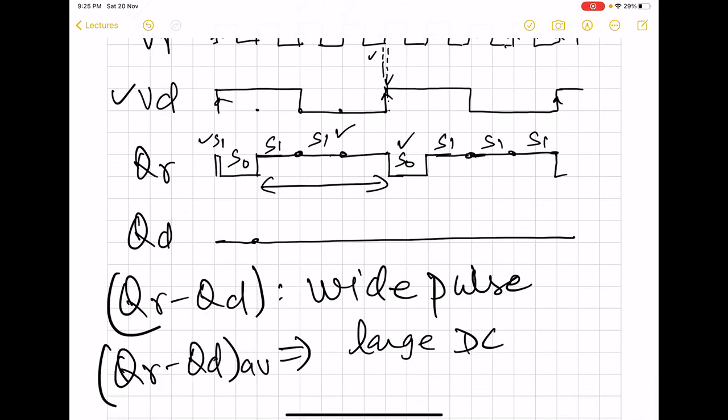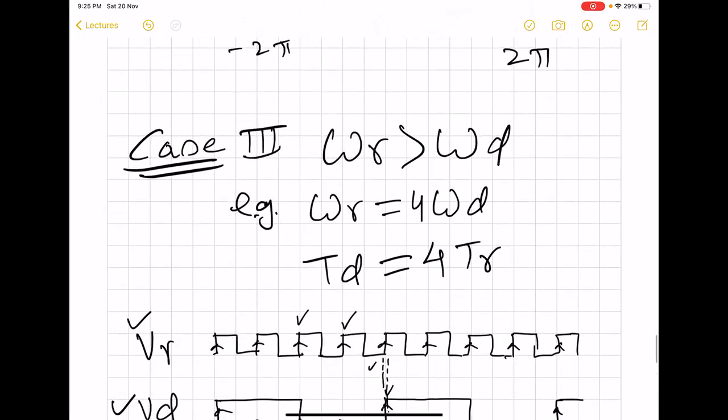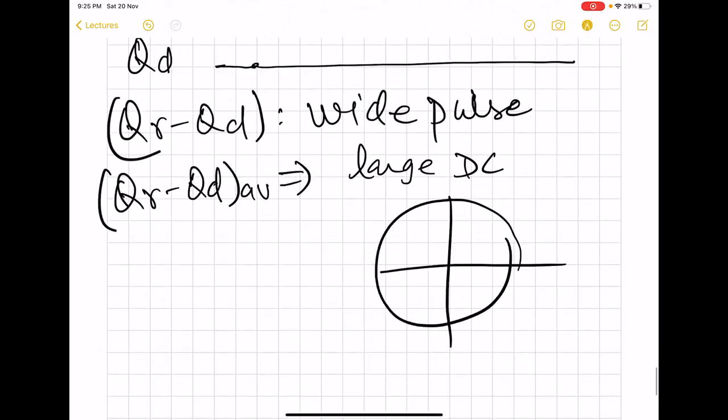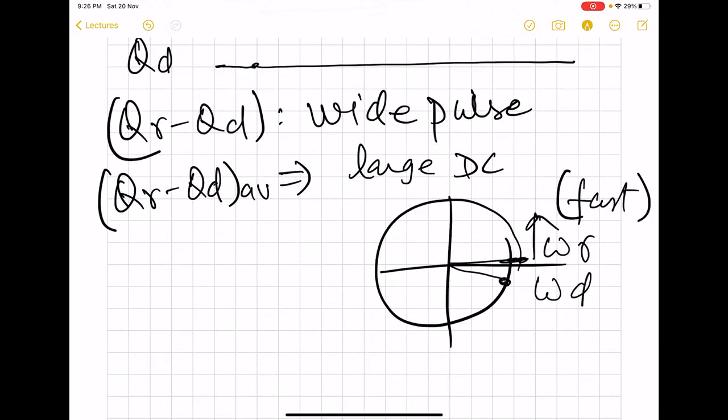So what will happen with the large DC? What we have here is this kind of scenario. Here we have omega r, and it is rotating at a very fast speed. And then here we have omega d, which is slow.